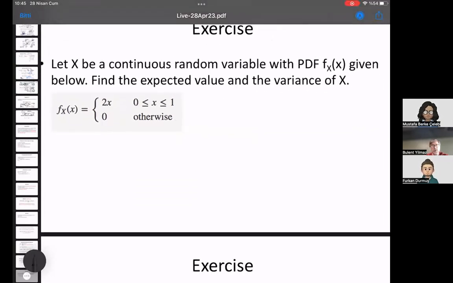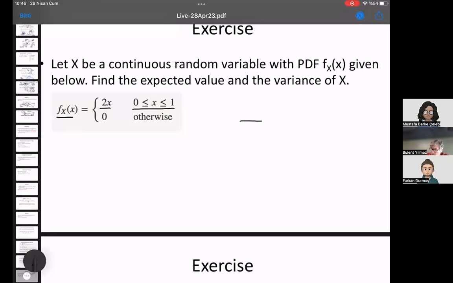So let us focus on this question right now. This is my PDF. Okay, f of x, 2x between 0 and 1. Is this a PDF or not? How can I make sure this is a PDF or not?